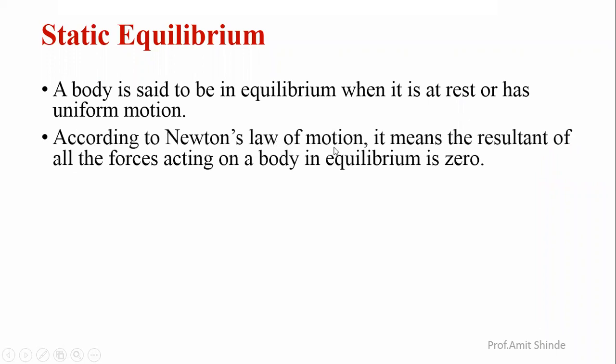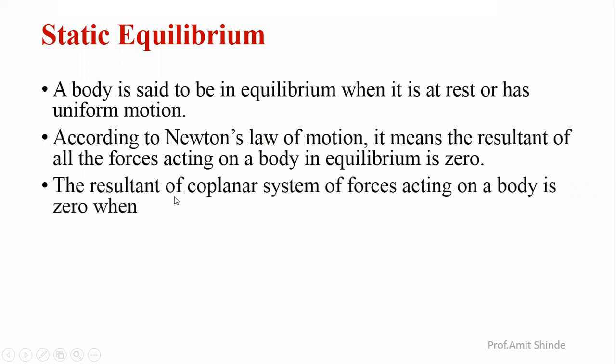According to Newton's law of motion, it means that the resultant of all the forces acting on a body in equilibrium is zero. It means that the resultant of coplanar forces acting on a body is zero. That is, summation Fx, summation Fy, and the sum of all moments are zero.